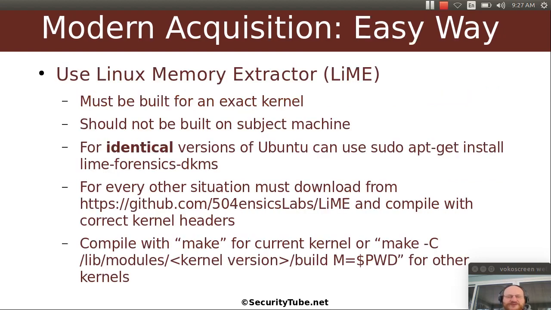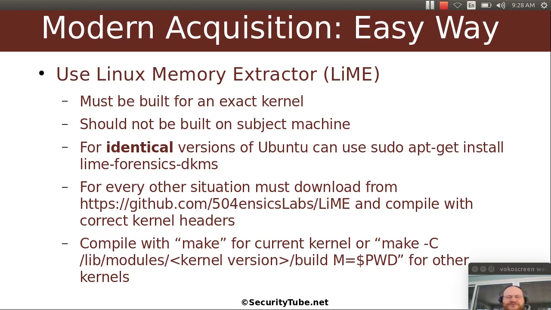The preferred way to get memory is to use LiME, the Linux memory extractor tool. Now, some things you need to know about LiME. It's a great tool, but it must be built for the exact same kernel.